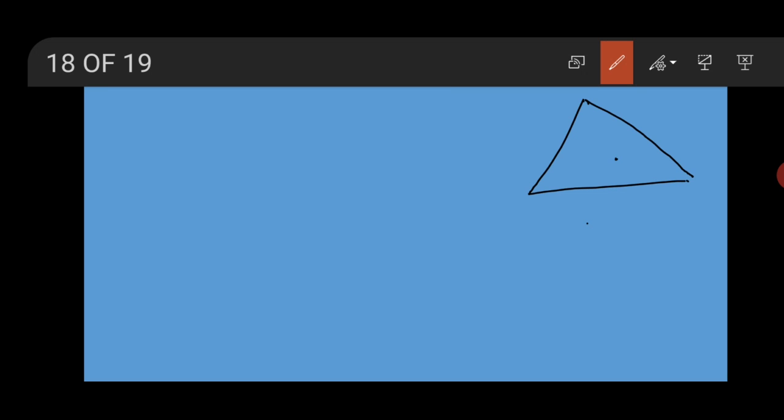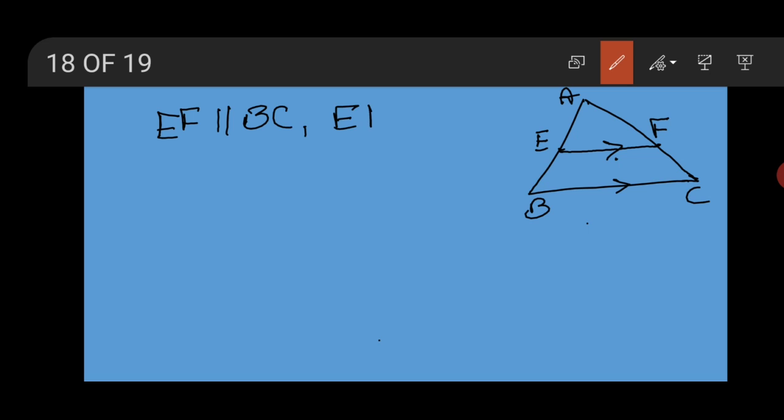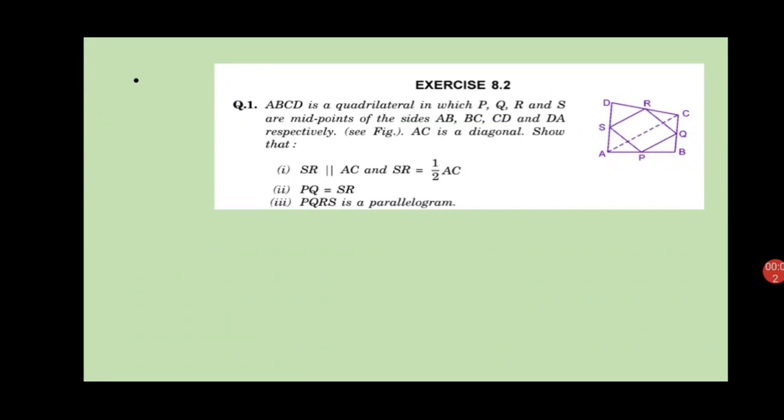That is, in triangle ABC, if E is the midpoint of AB and EF is parallel to BC, then EF is equal to half of the third side, that is half of BC.